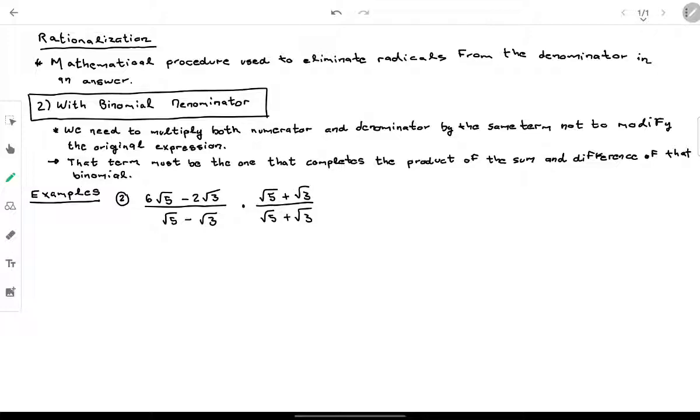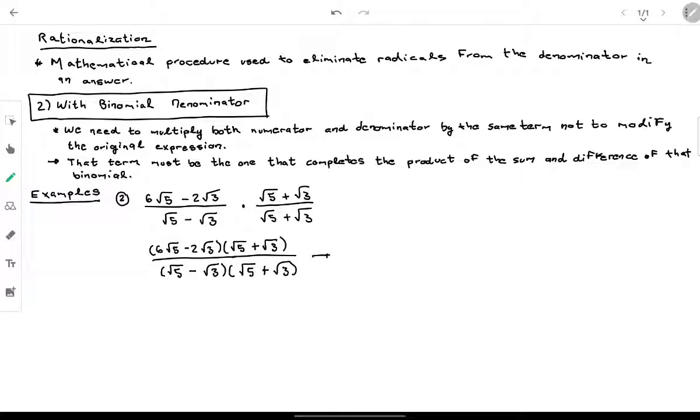So what will happen here is that on top we have 6 the square root of 5 minus 2 the square root of 3 that multiplies the square root of 5 plus the square root of 3. And on the bottom part we will have the square root of 5 minus the square root of 3 that multiplies the square root of 5 plus the square root of 3.